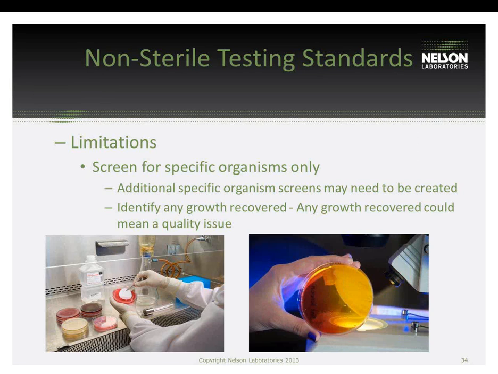Limitations for this test: it's screened for only those specific organisms. So if you ran an E. coli test and you get growth, but it turns out not to be E. coli, at the second step there, it should be ID'd, because if the testing is able to pick up that organism, it's very likely that E. coli could also grow, and that's showing that there's some type of problem in the system.